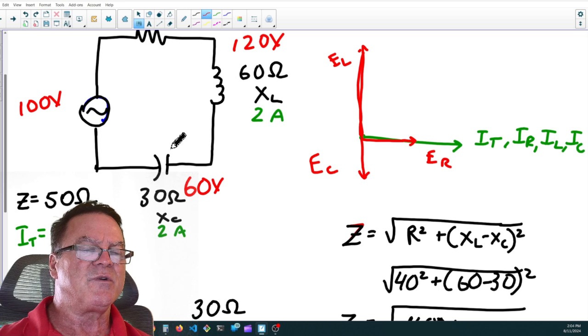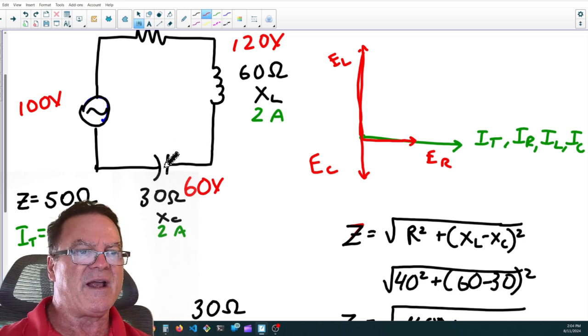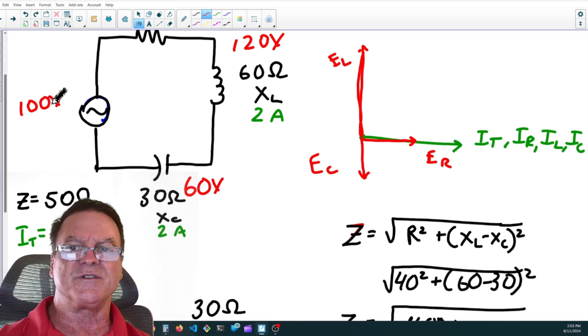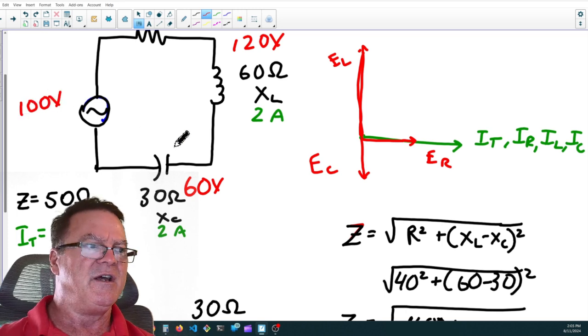That's because these two are 180 degrees out. Sometimes the voltage on this capacitor adds to the voltage across the inductor. So you can have 120 volts across your inductor at some points in the circuit, even though your total voltage source is only 100 volts.